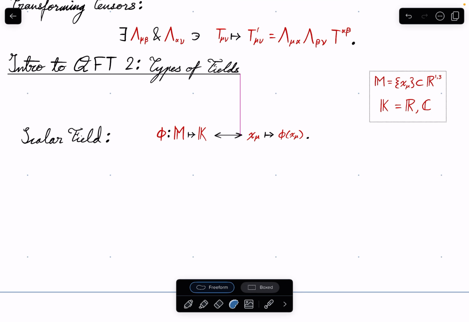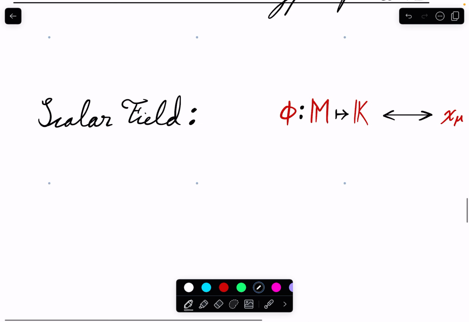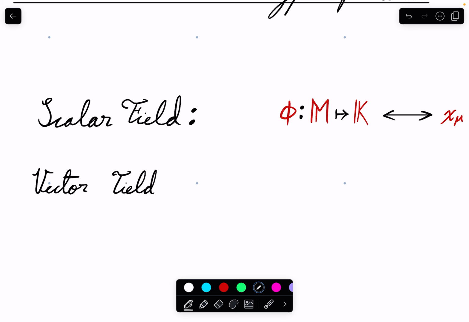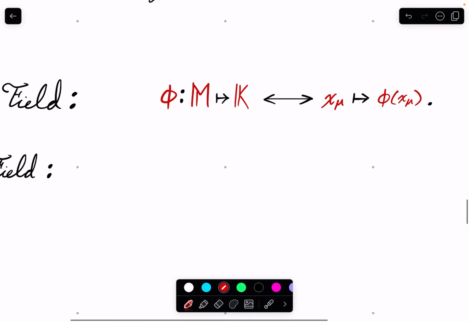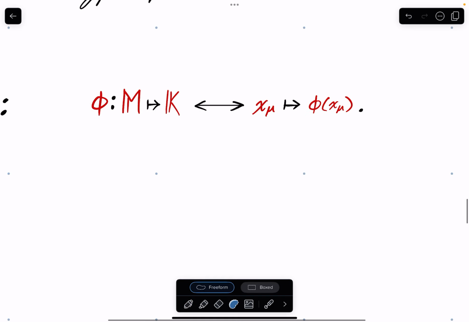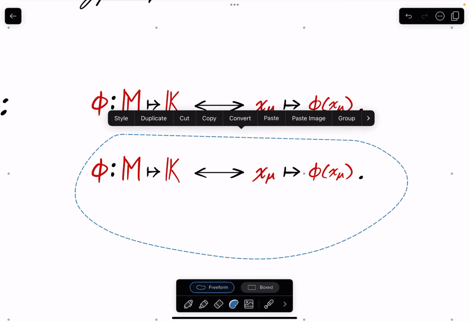This is the definition of a scalar field. For a vector field, I'm just going to copy this and paste it.